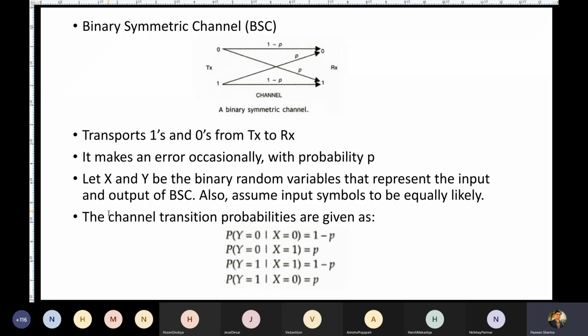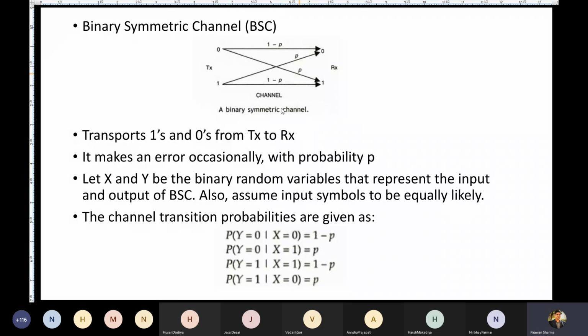So we write something called channel transition probabilities. What is channel transition probabilities? Here you can see an example of conditional probability. Probability of Y being 0 given X is 0 means X transmitted 0. What is the probability you receive the 0?